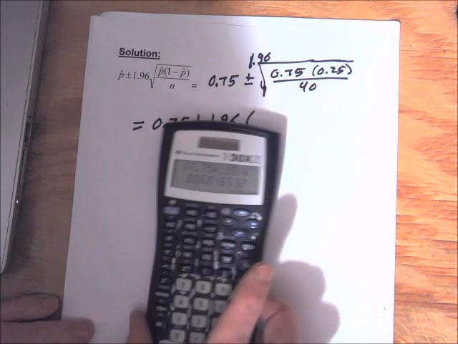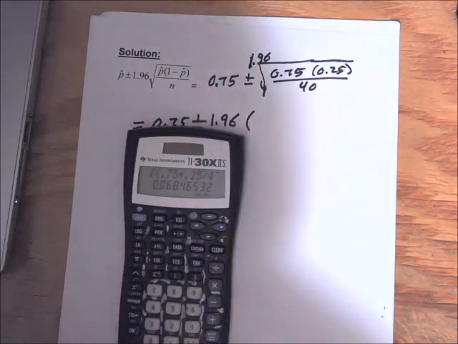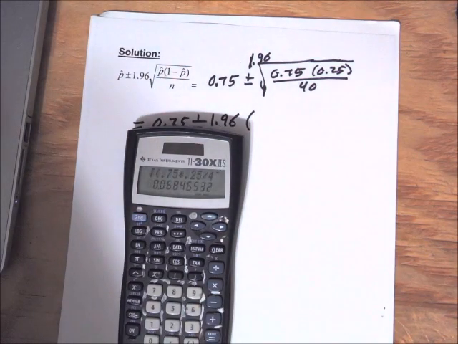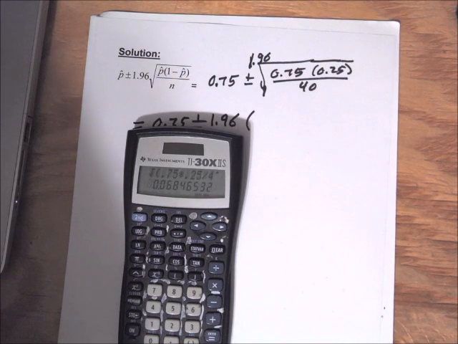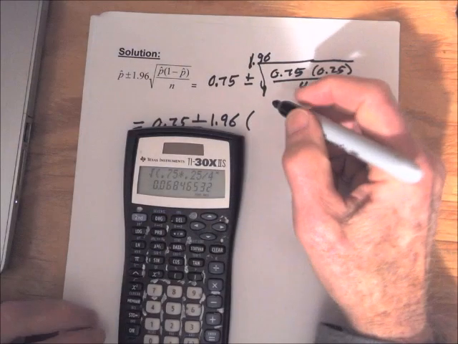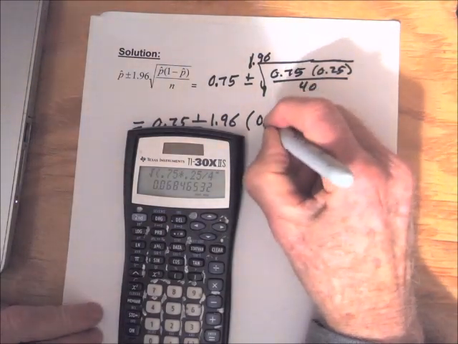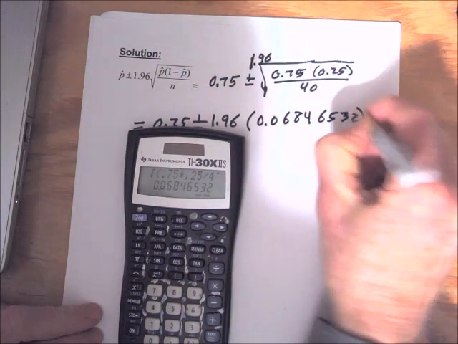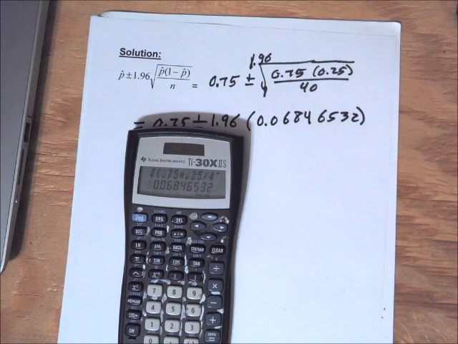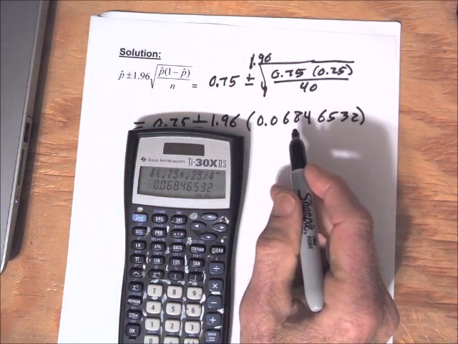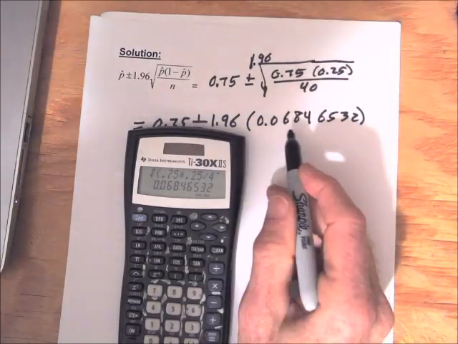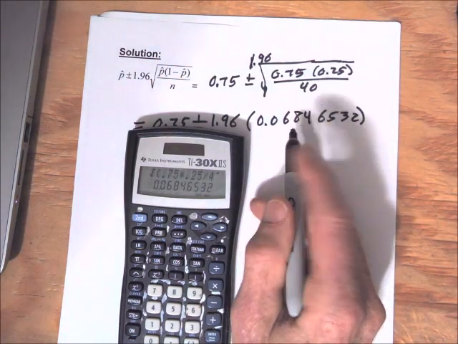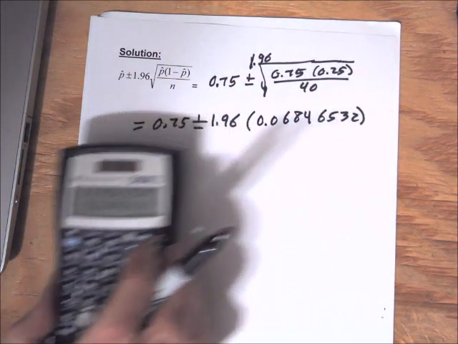I get 0.06846532. I computed this part separately because this is actually an estimate for the standard deviation of p hat, and sometimes it's reported separately.